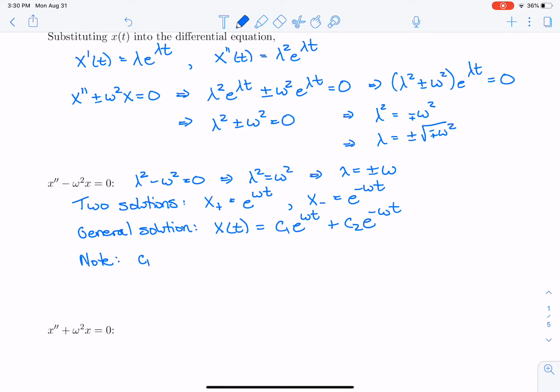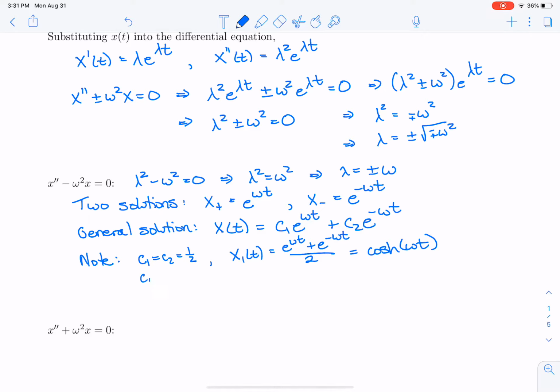If c1 was a half and c2 was a half, then we could create a solution x1, for example, which would have been e to the omega t plus e to the minus omega t over 2. And we've seen previously that's actually the hyperbolic cosine function, or cosh of omega t.